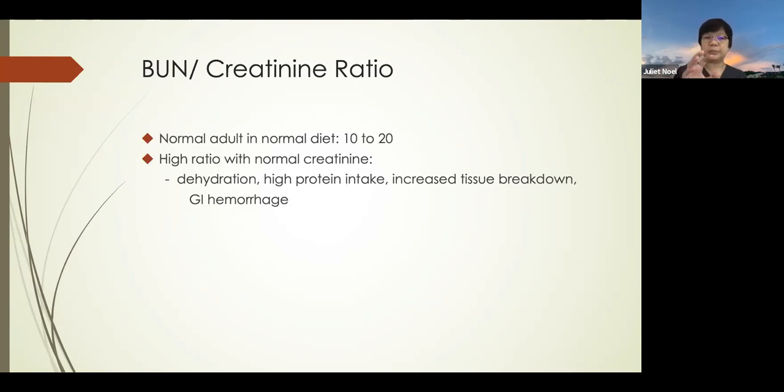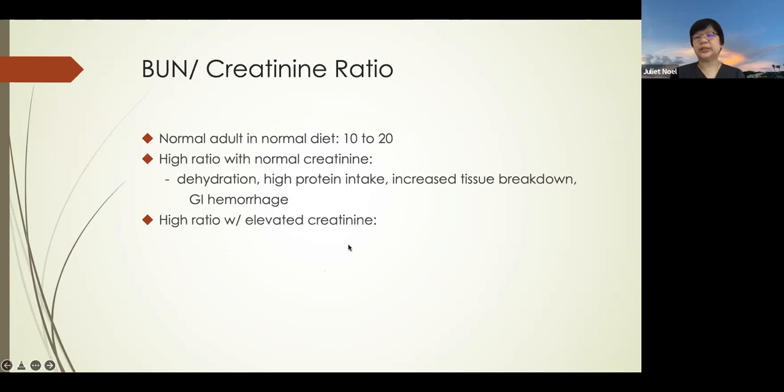So when you have a BUN way higher than the creatinine, more than 20 BUN creatinine ratio, those are the things that you would have to rule out or rule in: the dehydration, high protein intake, increased tissue breakdown, or GI hemorrhage. What is more important clinically would probably be the GI hemorrhage and the dehydration.